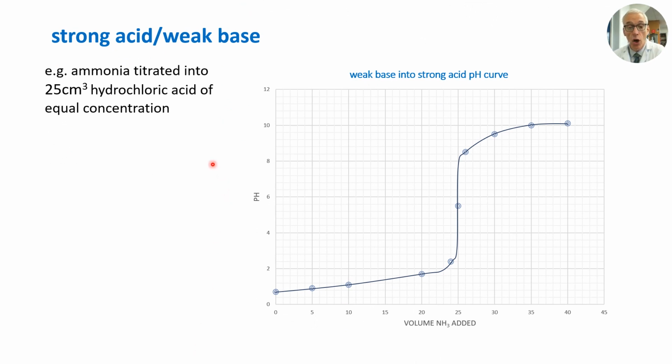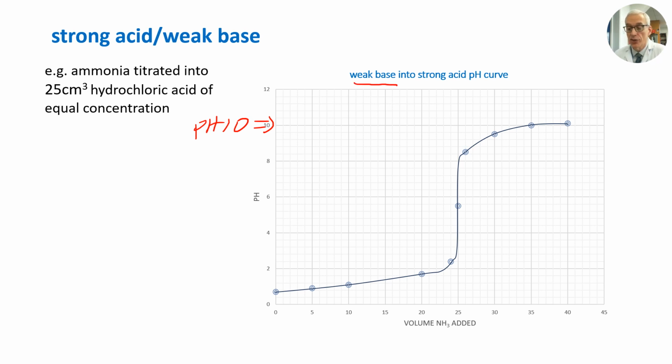So moving on to a weak base against a strong acid. Again, we're starting with a strong acid, so we start with a pH 1 or below. There's relatively little change in pH, then there's a vertical section, then there's a gradual change to a pH value of around 10, which tells us that we've got an excess of weak base.